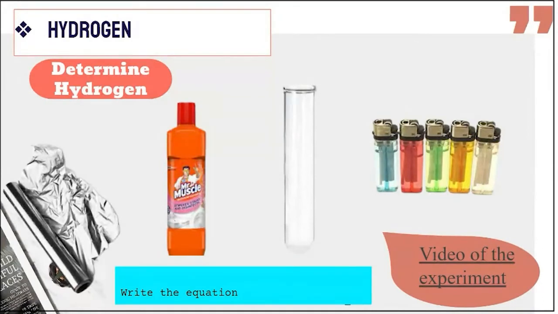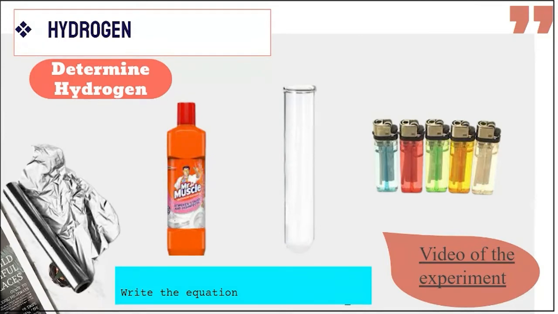Actually, I just want to get the substance in that product. I think most of us know that one. Mr. Muscle, we use it to clean the toilet, our bathroom, or maybe our floor. But what do we get from this liquid?